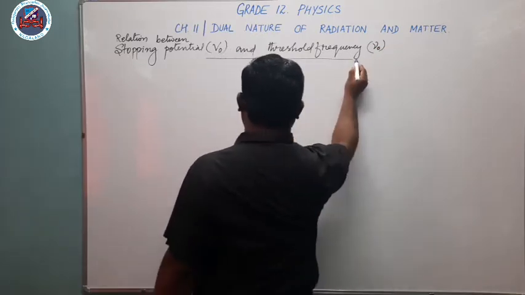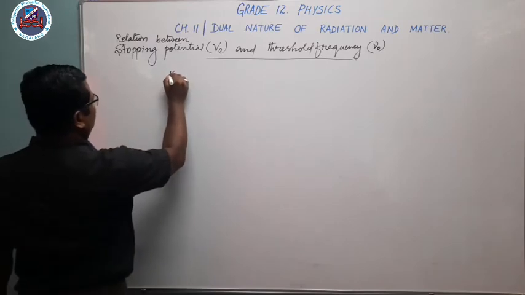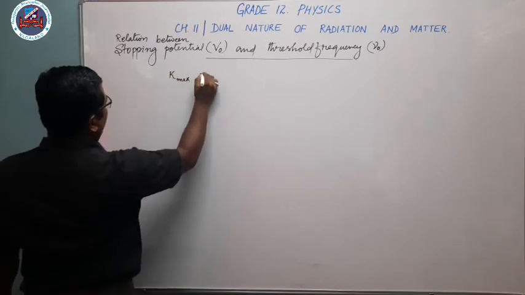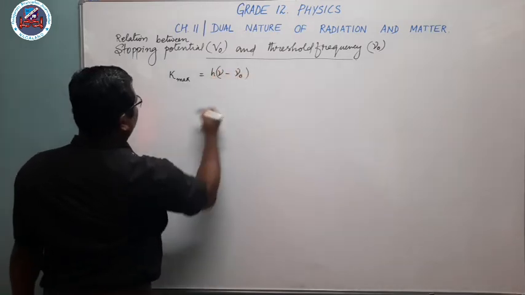Then by using Einstein's photoelectric equation, kinetic energy maxima is equal to h into nu minus nu naught. This one you already know.